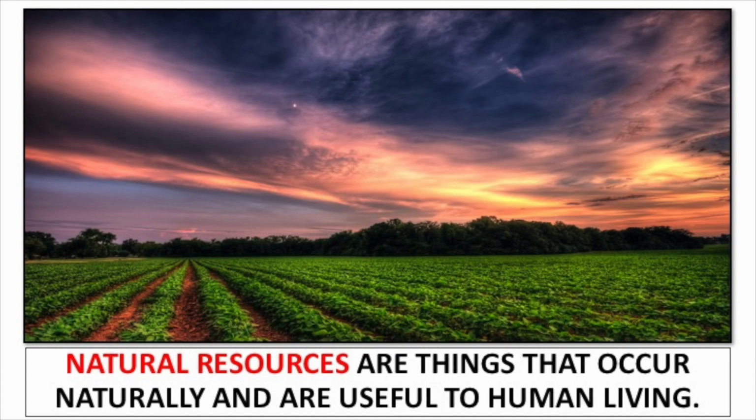Natural resources are things that occur naturally and are useful to human living. That means things that we need. Anything that's useful for human living are things that we can use.